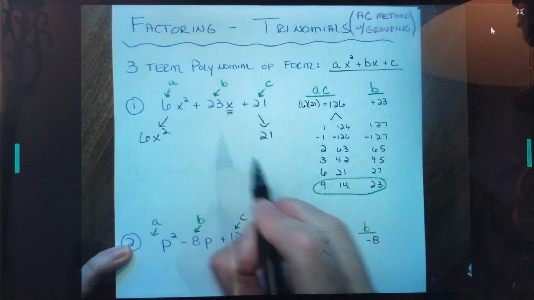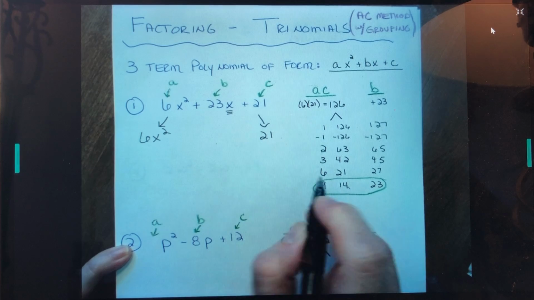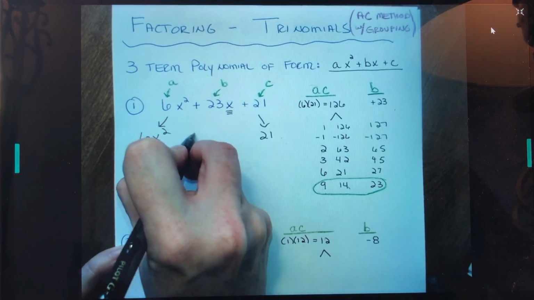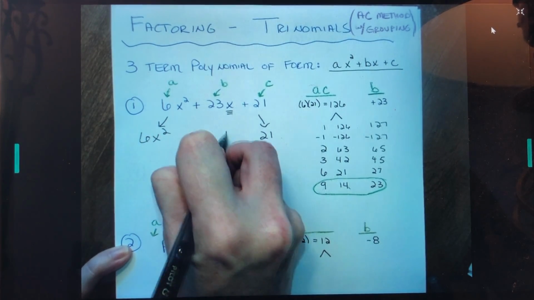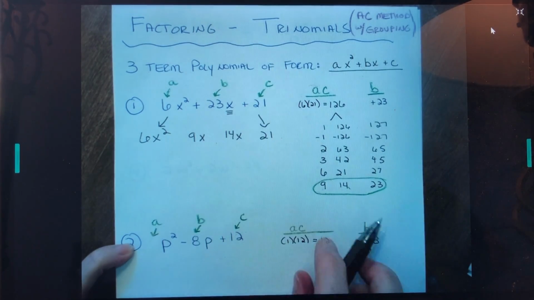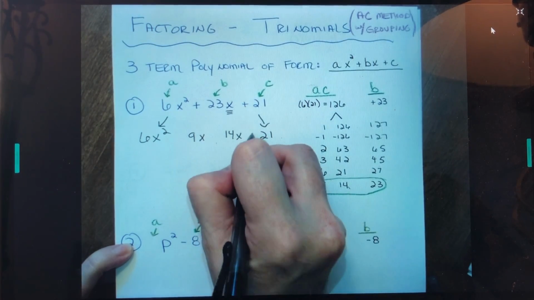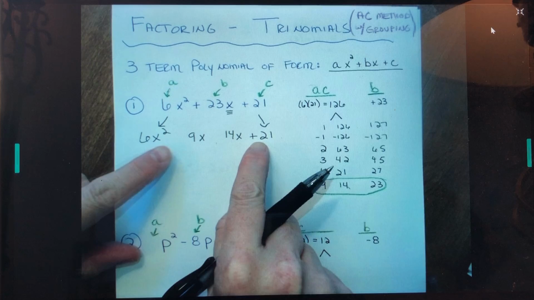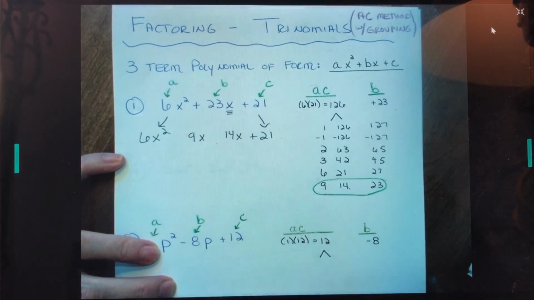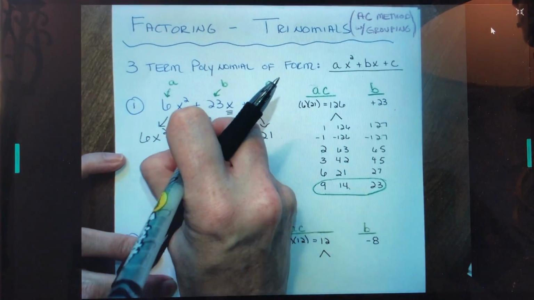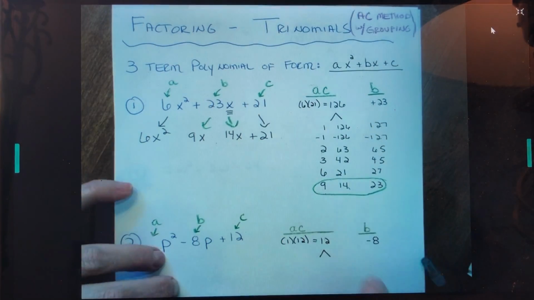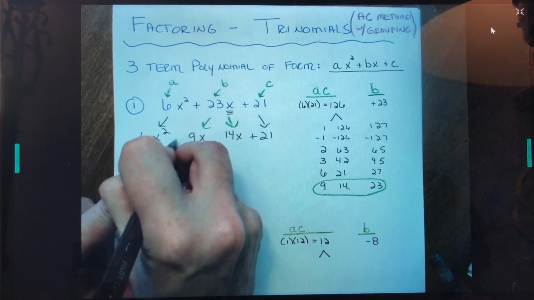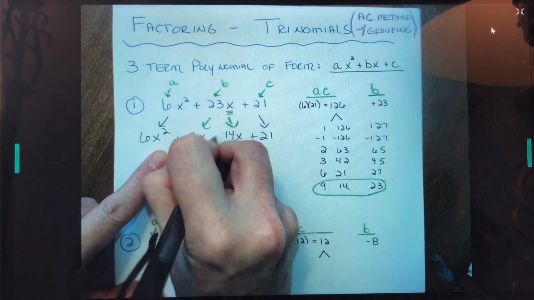So I'm going to break this into a 9 and a 14, both with an x. So I have a 9x and I have a 14x. And this was a positive 21, so let me get that included there. And then when I break this apart into two pieces, it's a positive 9 and it's a positive 14.